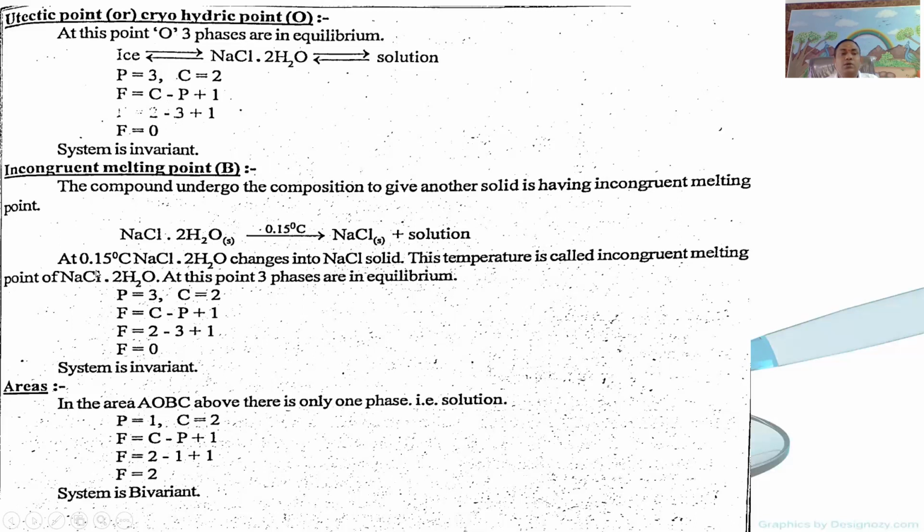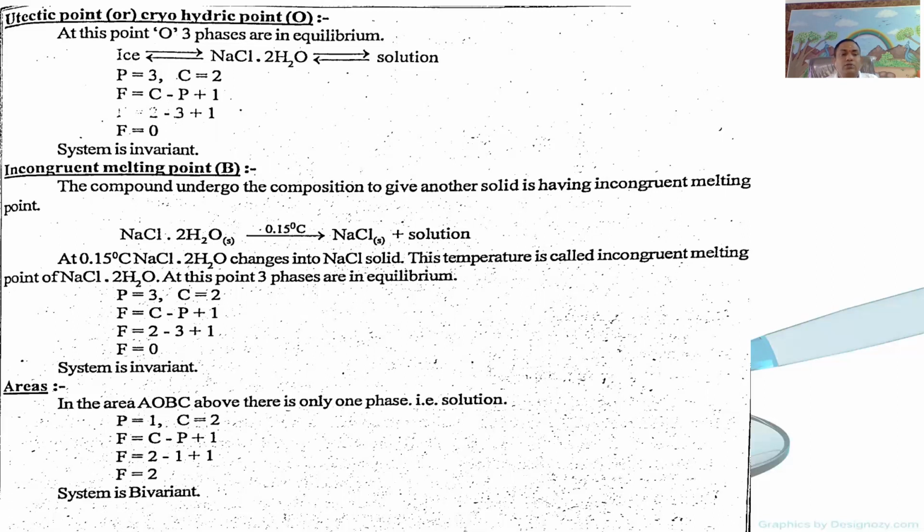At 0.15 degrees centigrade, sodium chloride dihydrate changes into sodium chloride solid. This temperature is called the incongruent melting point of sodium chloride dihydrate. At this point, three phases are in equilibrium. Therefore, the system is invariant or non-variant or zero variant.